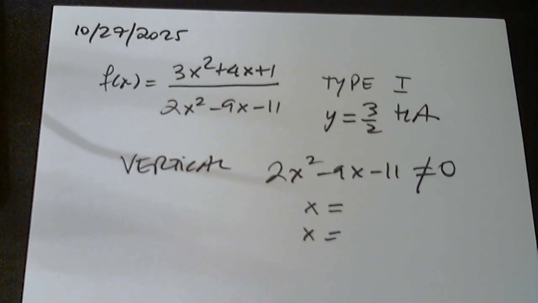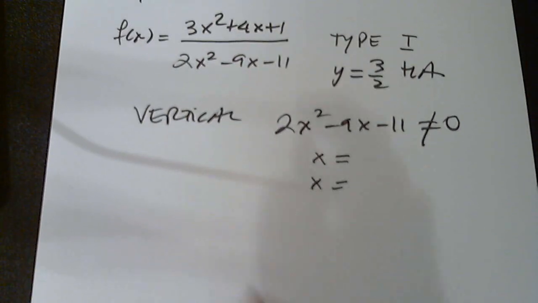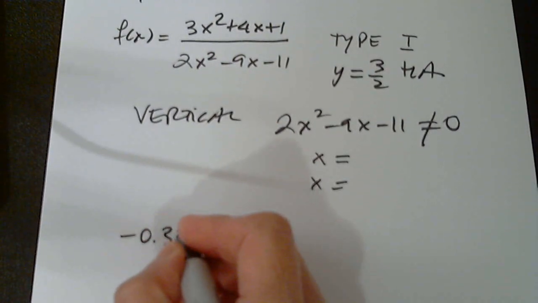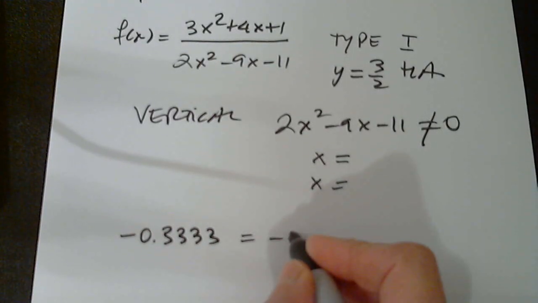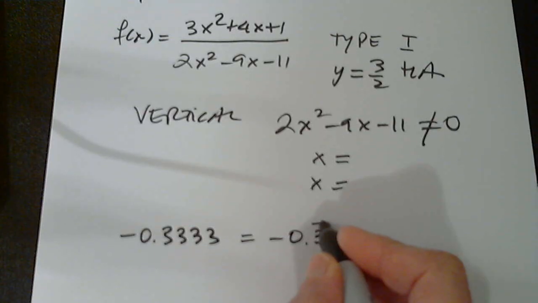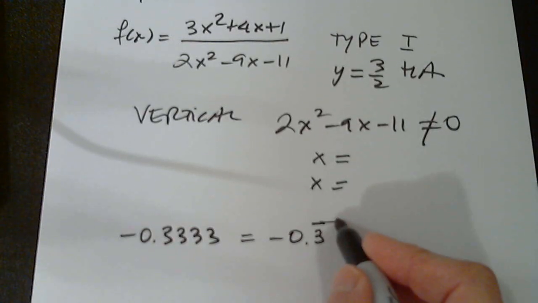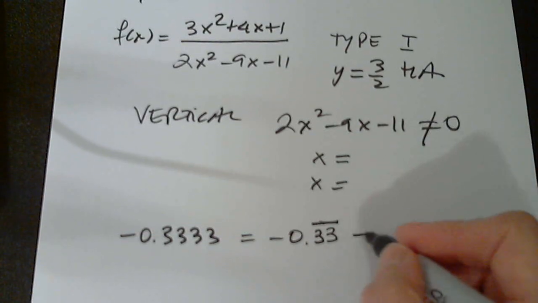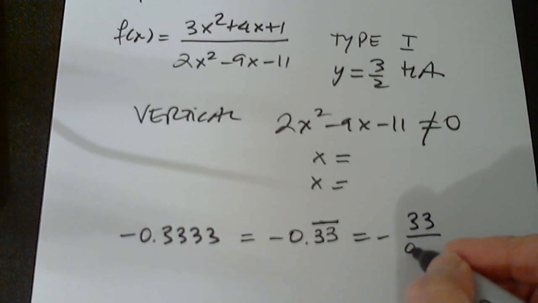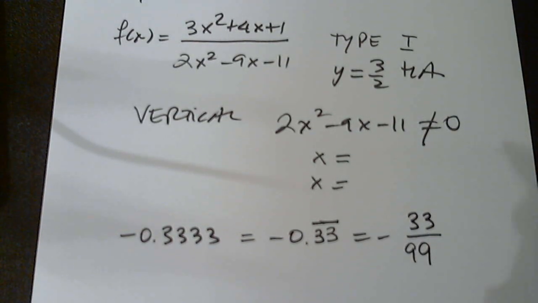Let me just show you one thing. The negative 0.3333 is basically written as -0.3 with a bar on top, or it can be written with a 33 bar on top. What does this mean? Well, it means -33 divided by 99. So the digits that have a bar repeat themselves.